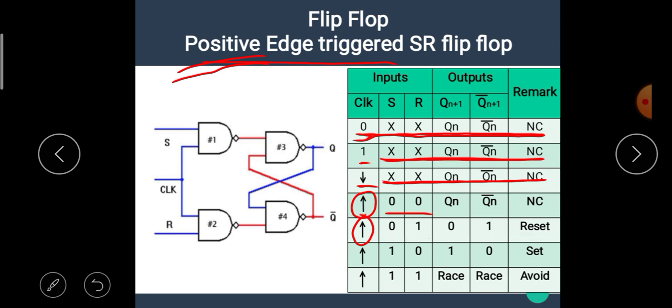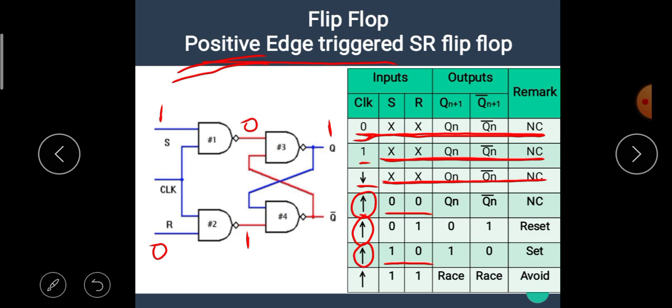Now the next rising edge occurs, that means the next positive edge occurs, and the combination becomes 1 0. Here S is 1 and R is 0. The input of the second NAND gate is 0, hence its output is forced to be 1. Similarly, the NAND gate 1 has the output 0. Now the NAND gate 3 has one input 0, hence its output is forced to be 1.